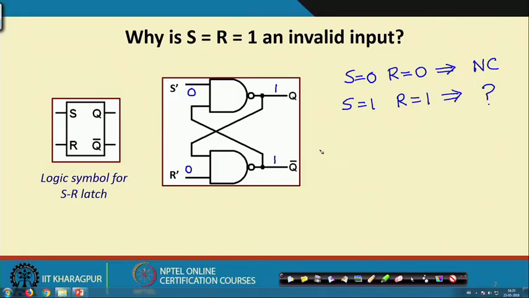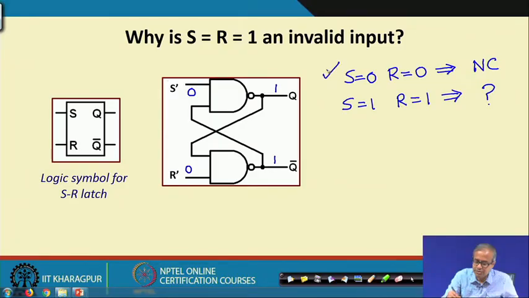Then I can say that if I apply S equal to 1 R equal to 1, Q will always be 1 as the circuit shows. So, there is no ambiguity here. So, where is that ambiguity coming in, or why are we calling it invalid? Well, we are calling it invalid because this S equal to 0 R equal to 0 combination is supposed to be a combination which will not cause any change.